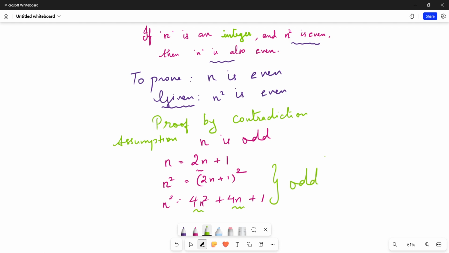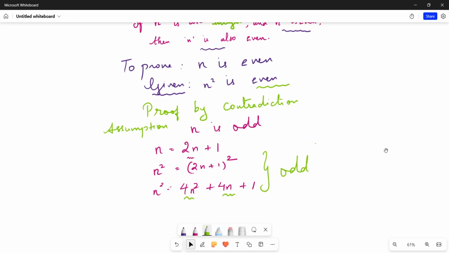But what is given to us? It is given that n squared is even. So where have we gone wrong? What is the contradiction? We have assumed that n is odd, so we have arrived at the conclusion that n squared is also odd, which contradicts our given statement, isn't it?